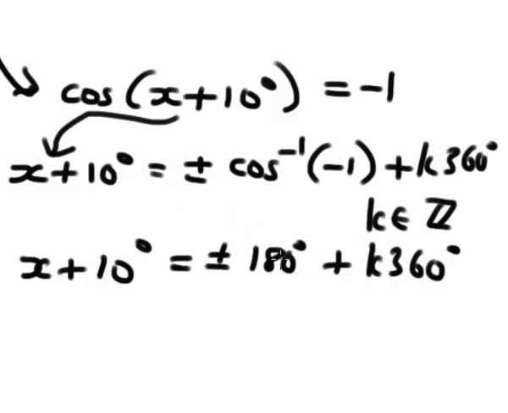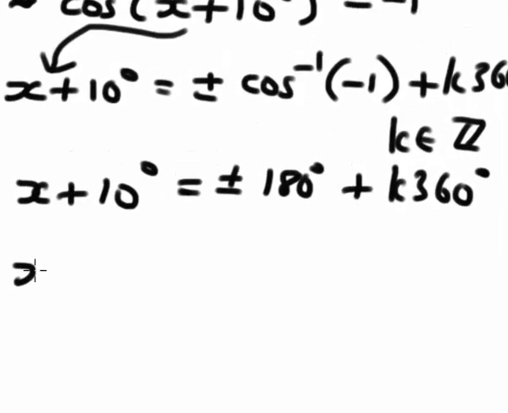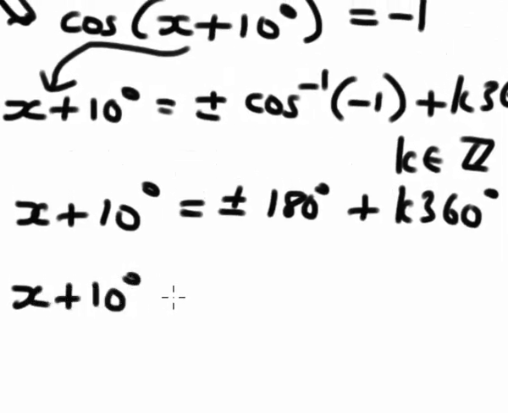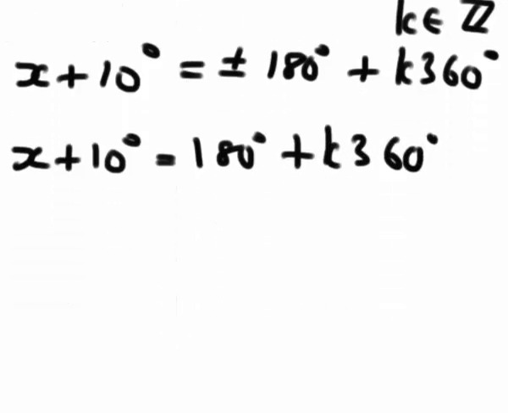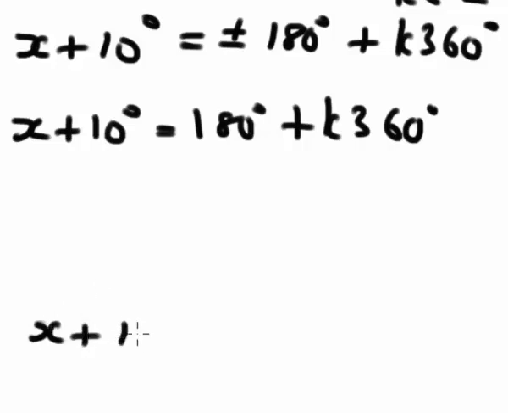Now we've got the two options here, like we did in grade 11. x plus 10 is equal to 180 plus k 360. That's the one option. The other one would be where x plus 10 degrees is -180 plus k 360.